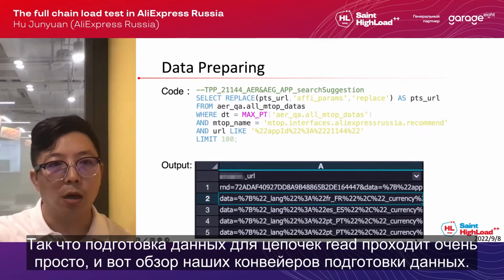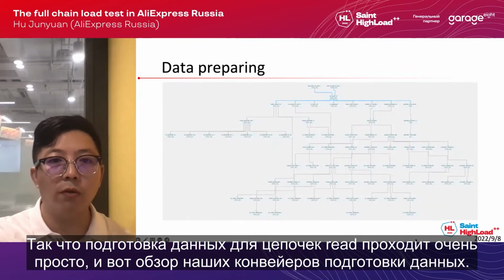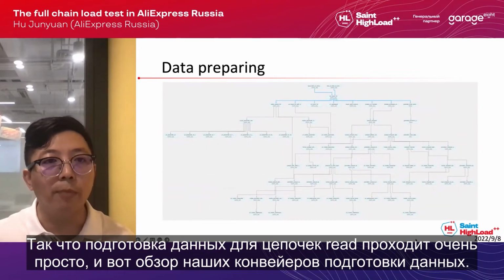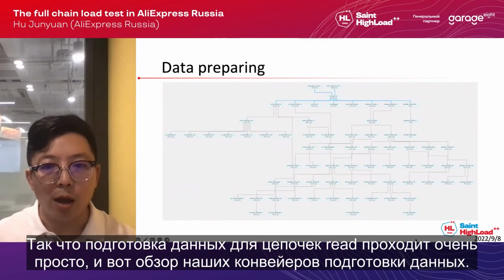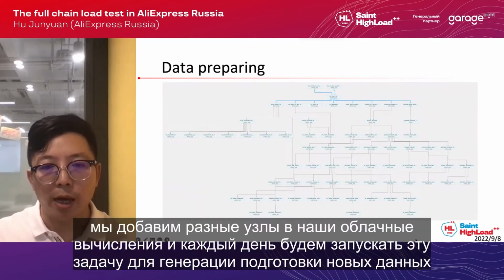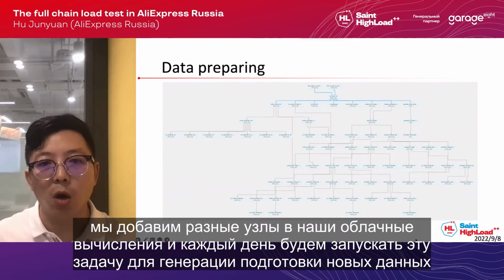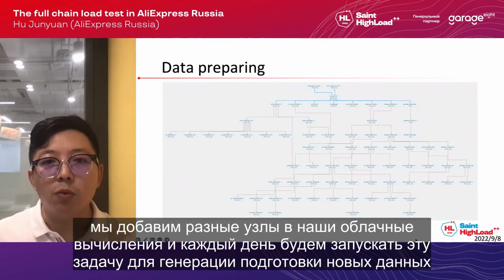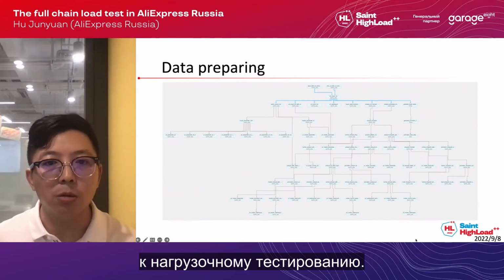And here is the overview of our data preparing pipelines. For different data, we will add a different node in our cloud computing. And every day we will run this task to generate new data for this load test.